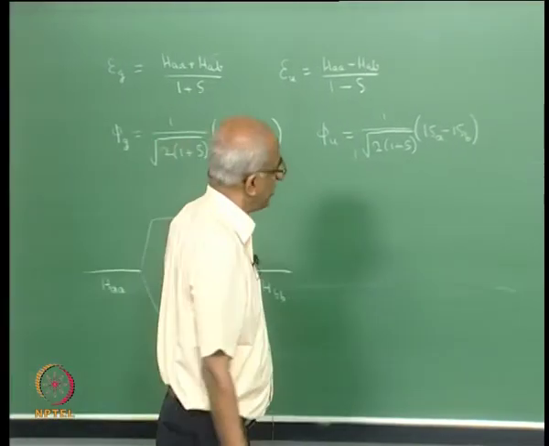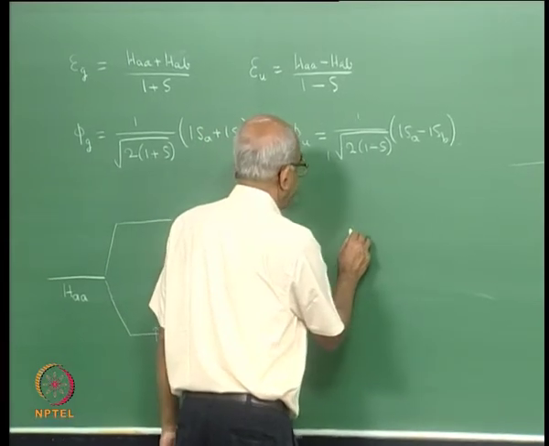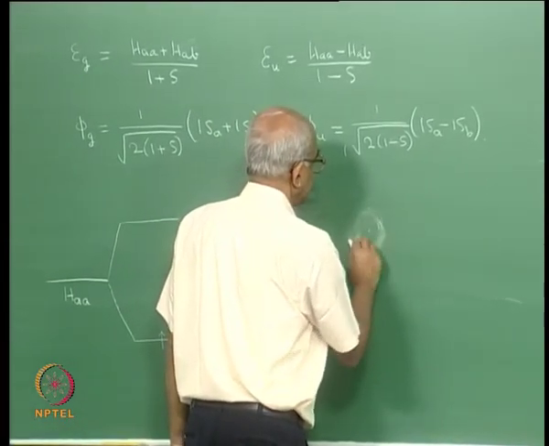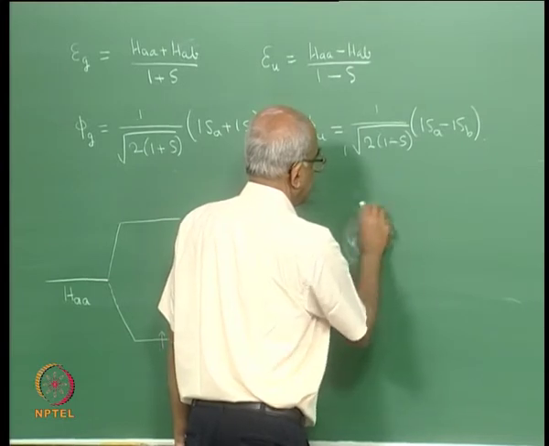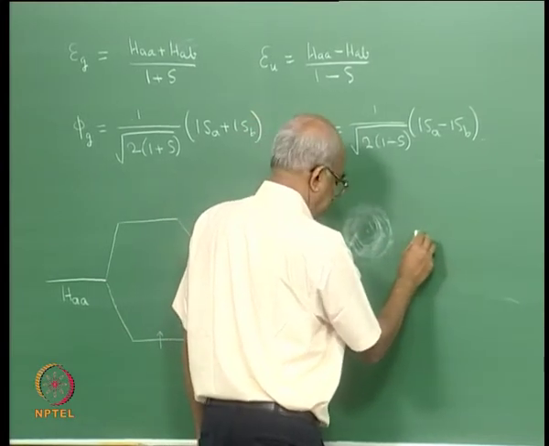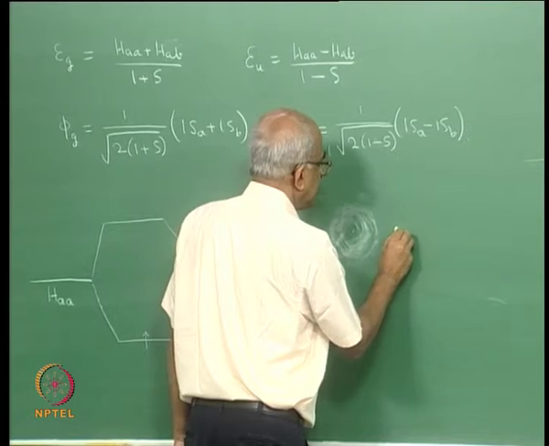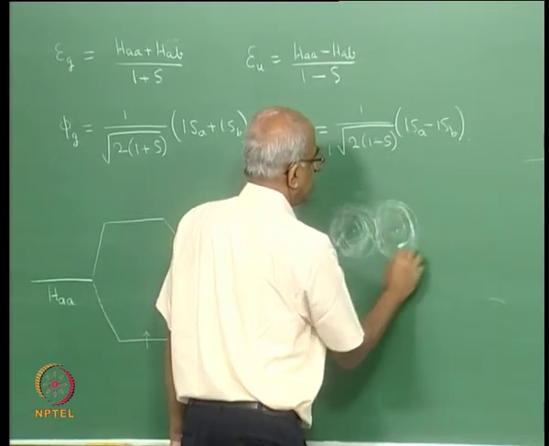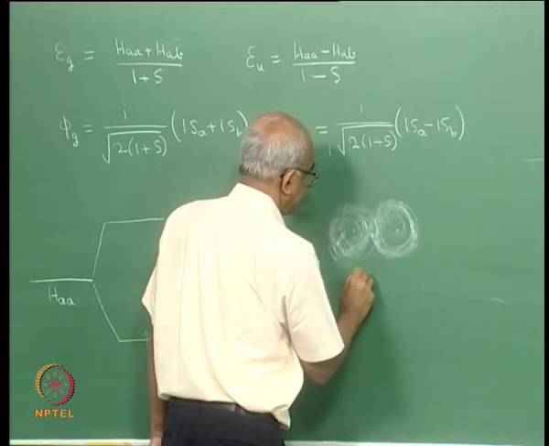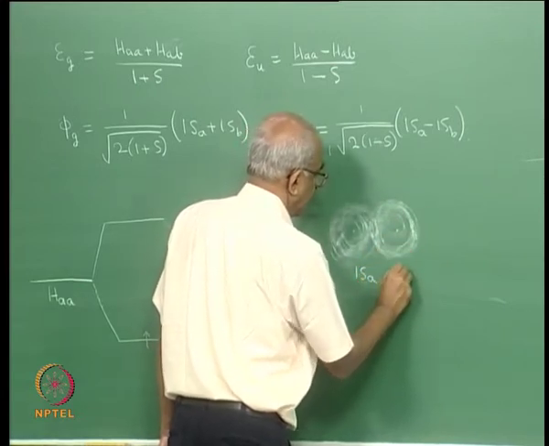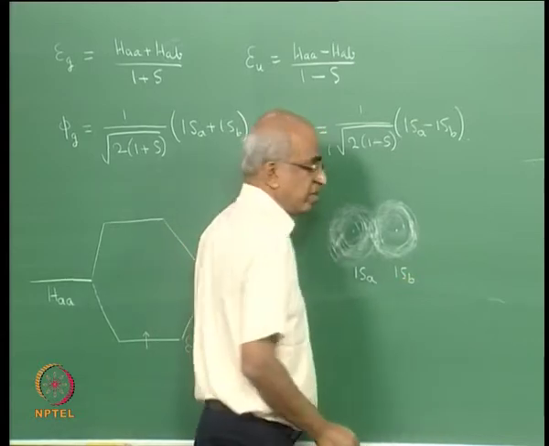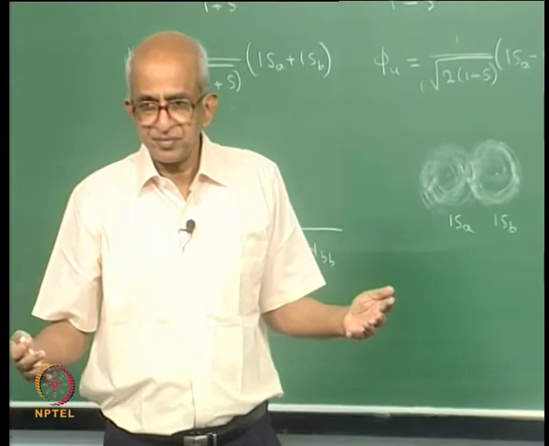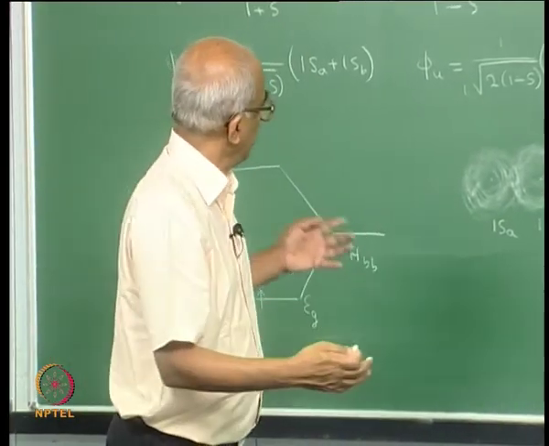So, if you represent the first orbital 1s A like this, that is the pictorial representation of 1s A, and if this is your nucleus B, it also has a similar atomic orbital which you denote as 1s B. And remember how 1s A and 1s B orbitals are, they are positive everywhere. Okay.